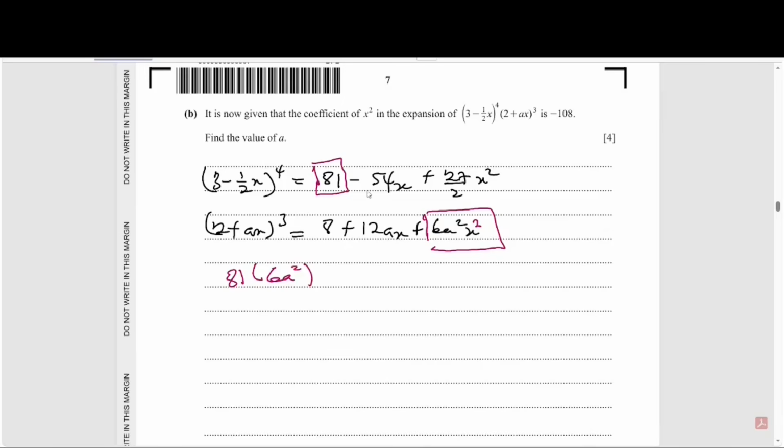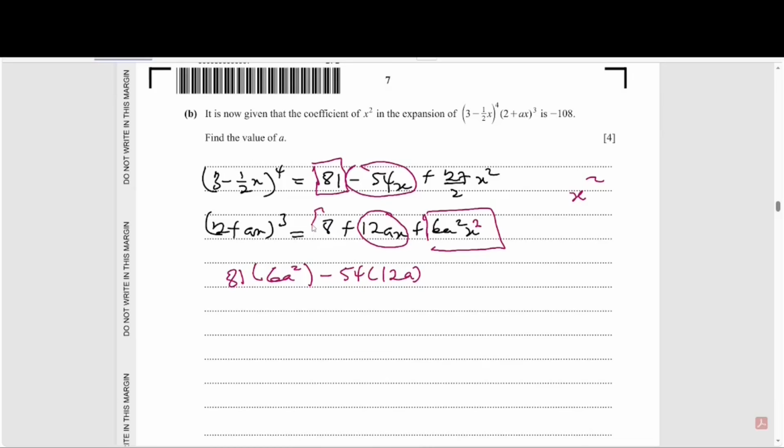Then we also know this, the second term here, negative 54x times 12ax. When multiplied, we also produce an x squared term. We don't need to bring the x squared because we just need the coefficient. So the next one is going to be negative 54 times 12a.